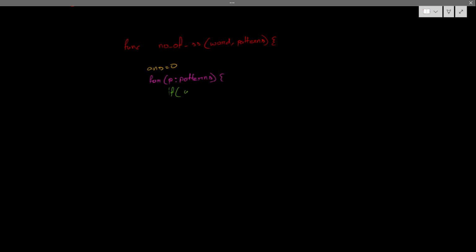If I say word.find of pattern p, usually this built-in function returns the first occurrence of the substring. If it doesn't exist, it returns -1. So if it is not equal to -1, that means we have found the substring, so I increment the answer. At the end, that's all that is needed.